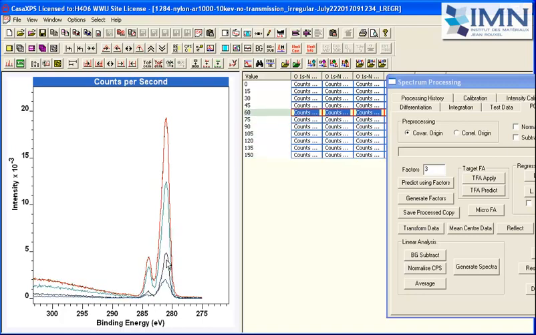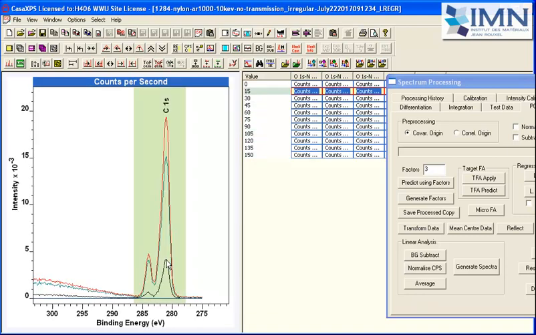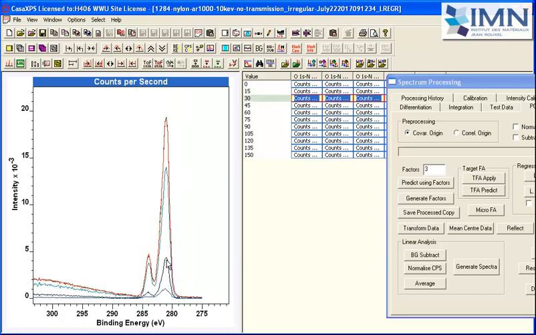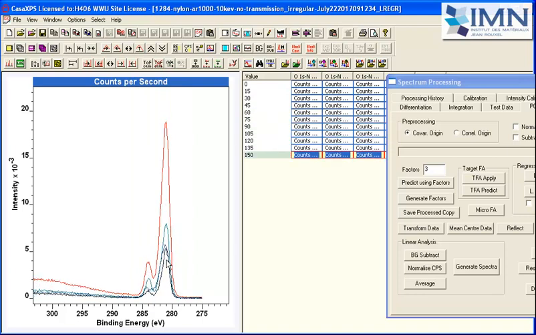So we can see that there is some trend here that makes some sense. We're continuing to etch the nylon and sputter, and the changes to the material as measured by XPS can be monitored by this peak that evolves.